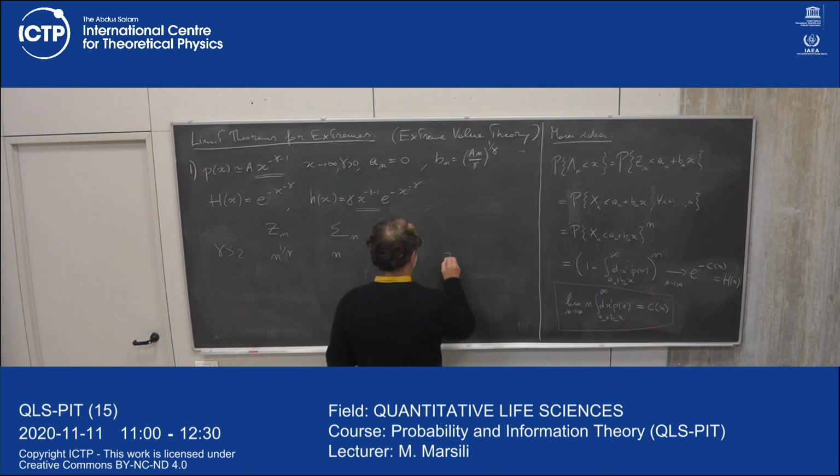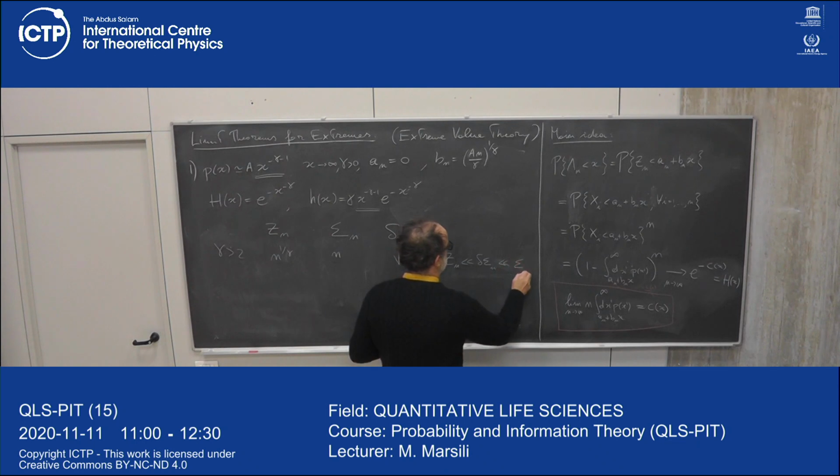So in this regime Zn is much less than the fluctuations in the sum, and is much less than the sum itself.